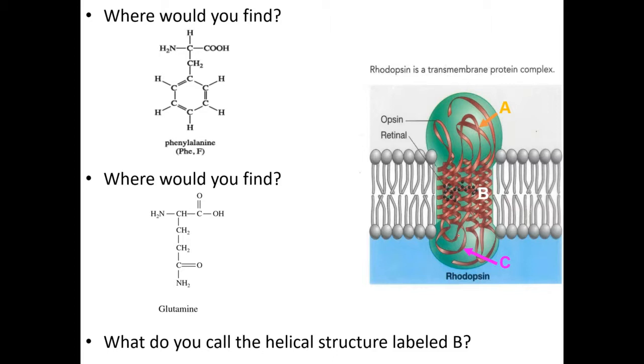Anyone agree with Miles? So Miles, what made you say A? Yes, C, I think C is probably in the cytoplasm, and A is on the outside of the membrane. So where would we find the amino acid at the top of the page, that phenylalanine? Would we find it in region A, B, or C in this protein? And Miles says A. Miles, why did you say A?